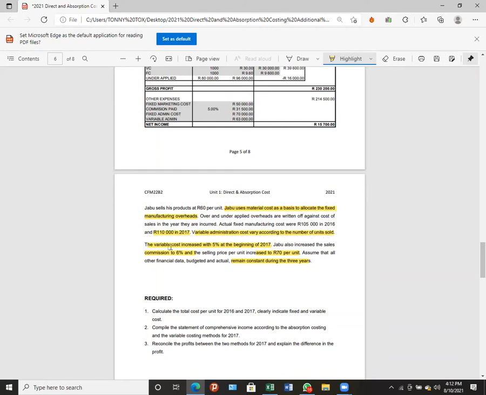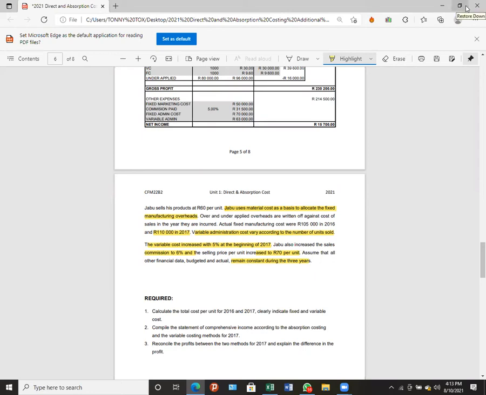Mark this, guys: the variable cost increased by 5% at the beginning of 2017. Jawu also increased the sales commission to 6%, and the selling price per unit increased to 70 rand. Assume that all other financial data, budgeted and actual, remain constant during the 3 years.